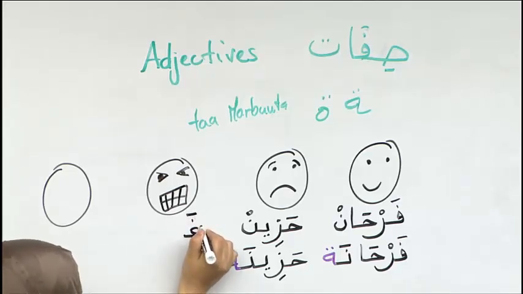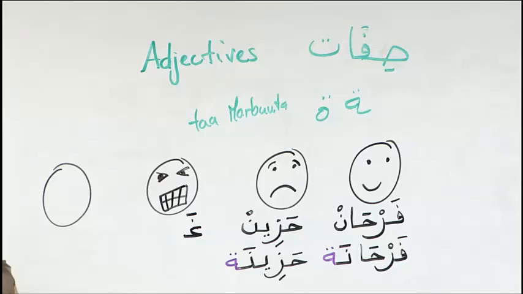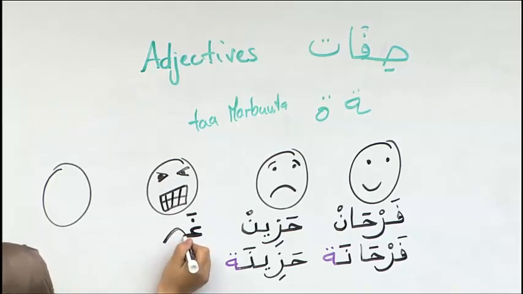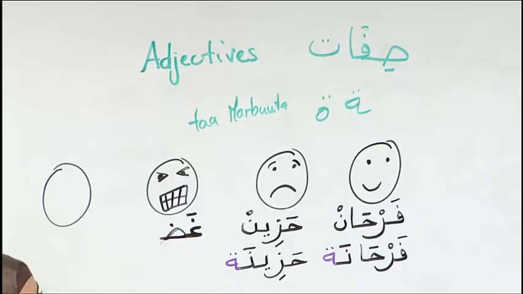What letter is this? It's this shape, yes? Ghain. Mumtaz. Ghain. And it's gha. How about this? Dad. So I'm putting sukoon.